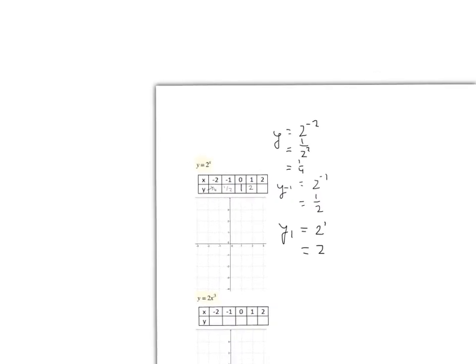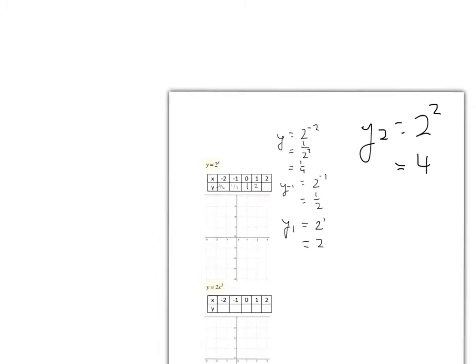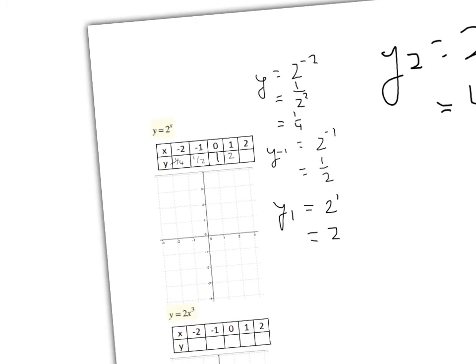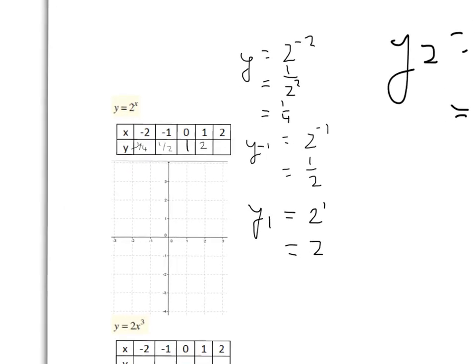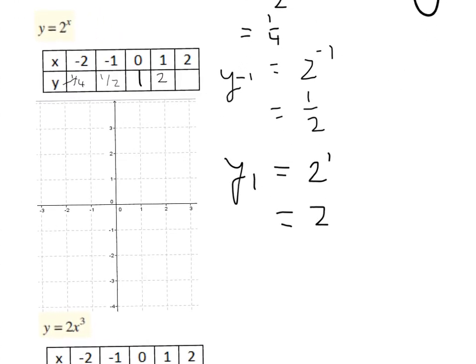My last point, y when x is 2. So y is going to be equal to 2 to the power of 2, which is pretty easy. It's 2 times 2, which is 4. So I'll focus in there again, and I'm about ready to plot my points. So that was 4.